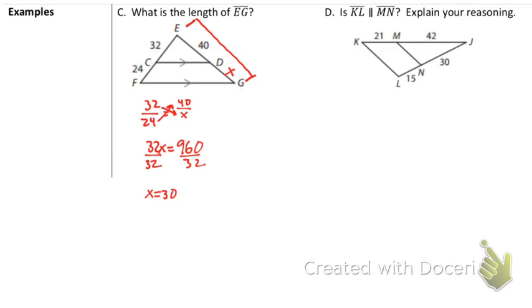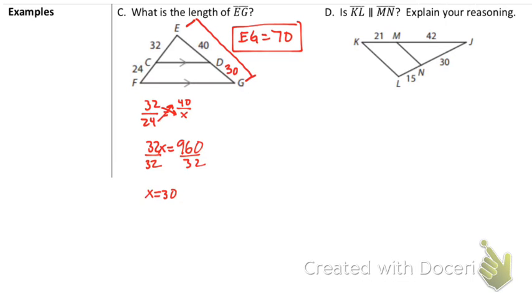Keep in mind, this is not my answer. This is x. I'm trying to solve for EG. So instead of x, I now know DG is 30. So if DG is 30, EG is equal to 70. Because I just added 40 plus 30.